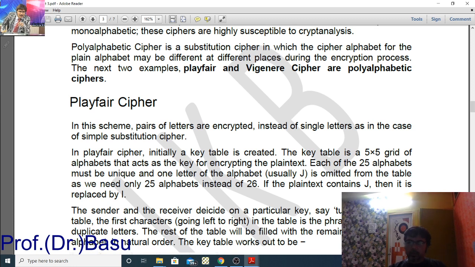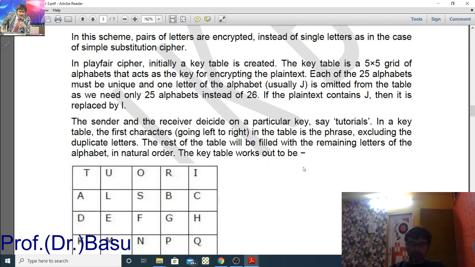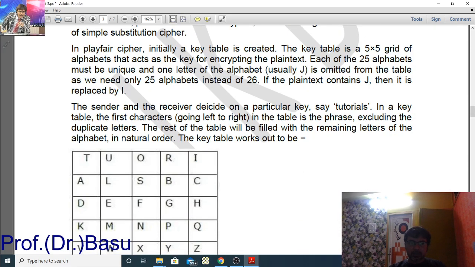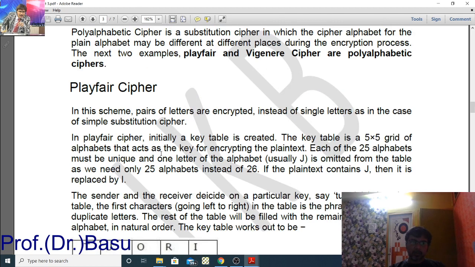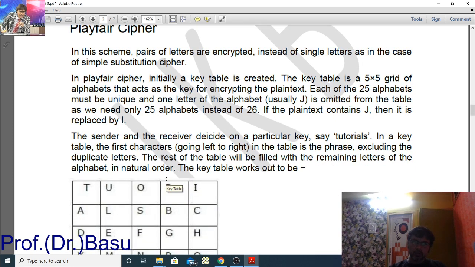So with these 25 letters, we will have a 5 by 5 grid, a table, and see how the key table is generated. I am talking about the Playfair cipher. We used to play on the Playfair board in our childhood, no? The name has been given matching the same arrangement of the alphabets.